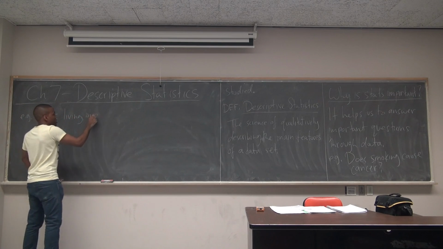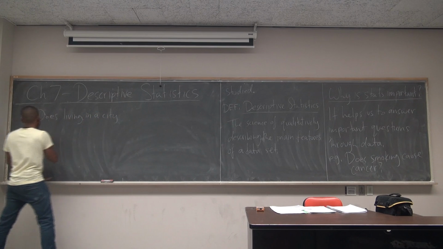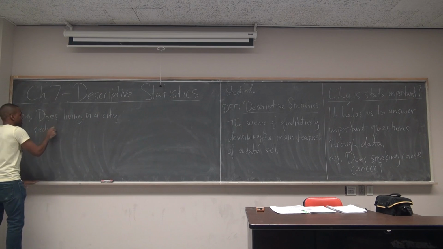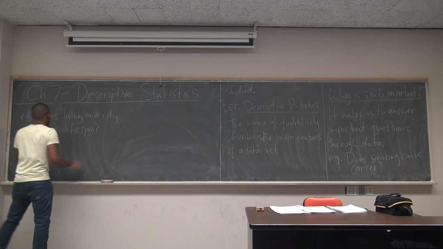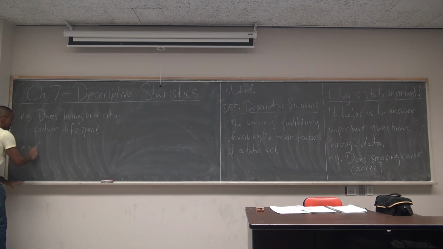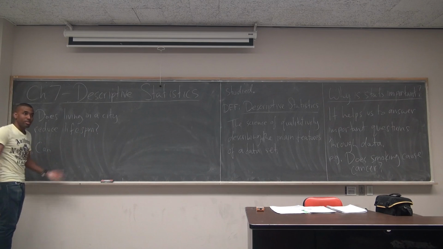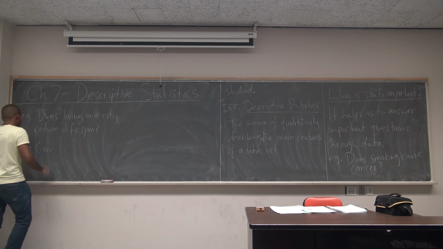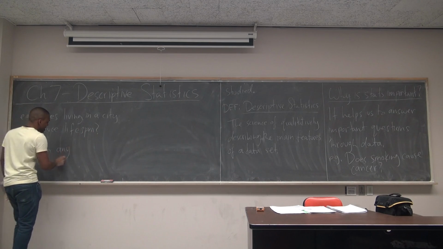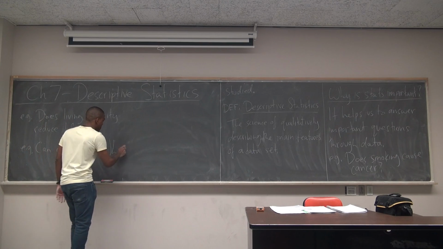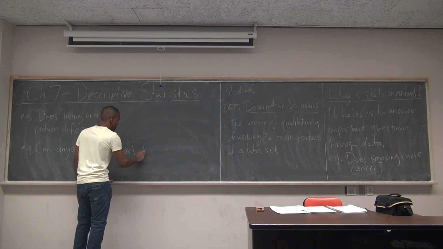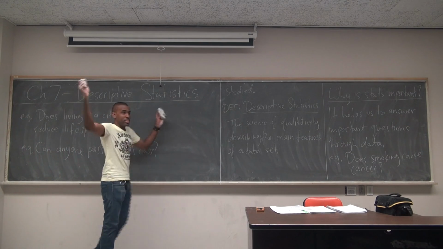Does living in a city reduce lifespan? It does. I don't know. Does it? We'd have to look at the statistics. I can move into the city and see all that faster. Anyone pass Jhevon's class, right?